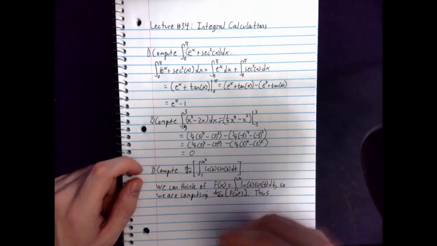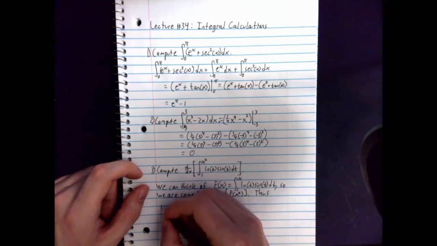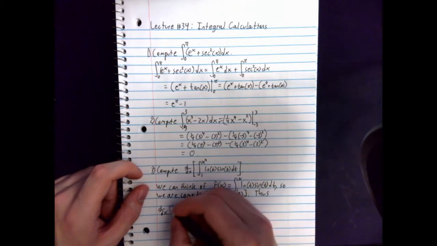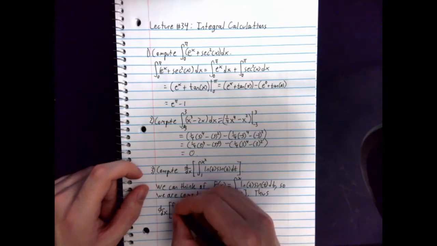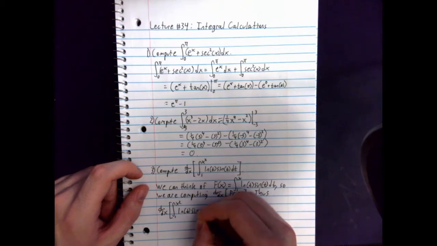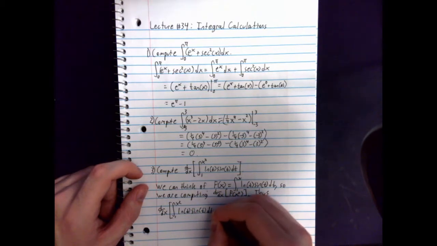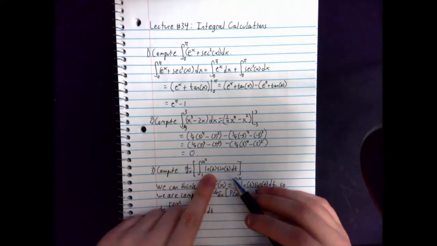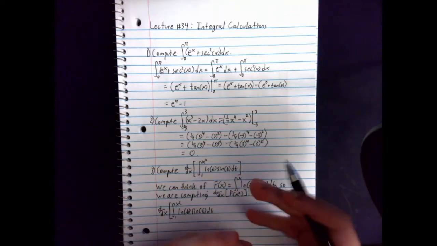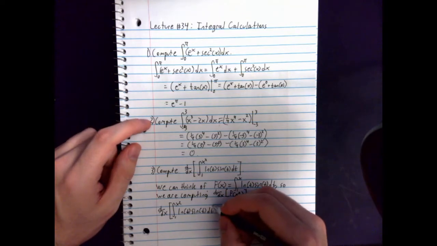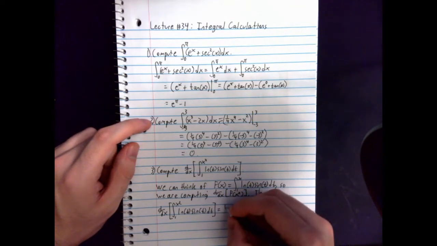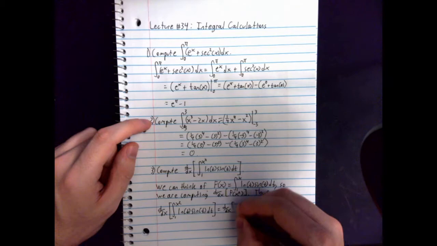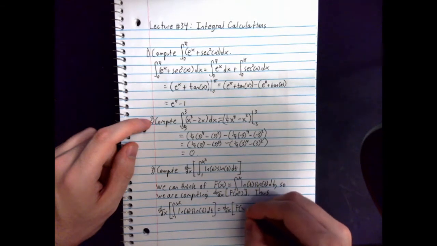So thus, the derivative of this integral from 1 to x squared of the natural log of t sine of t. Notice I chose an integral that we clearly cannot integrate. We can integrate natural log and sine of t individually, but we don't really know how to do their product. So this is really just the derivative of capital F of x squared.